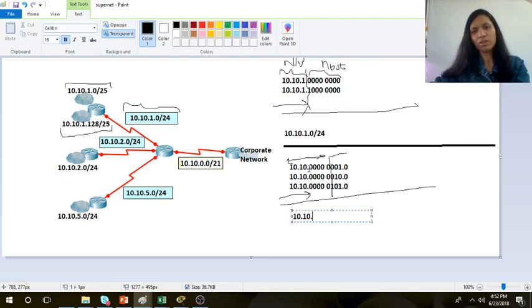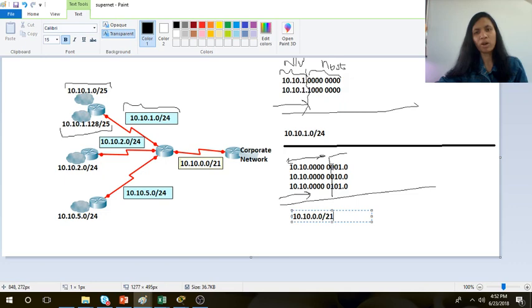This is all zeros, and after these I am going to put my host bits as zeros in order to get the network address. So this will be 0.0 and / number of network bits, these 2 octets, which is 16. This is 17, 18, 19, 20, 21. So this is /21.